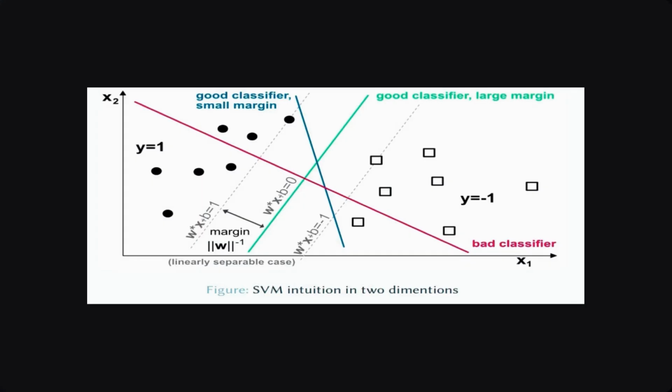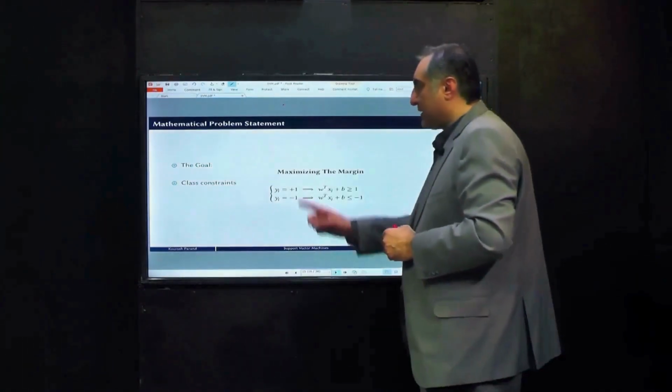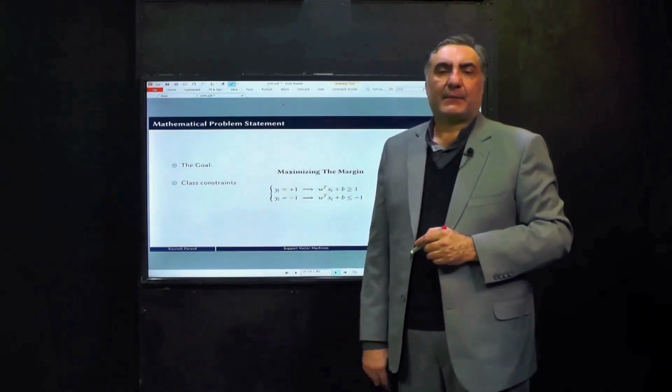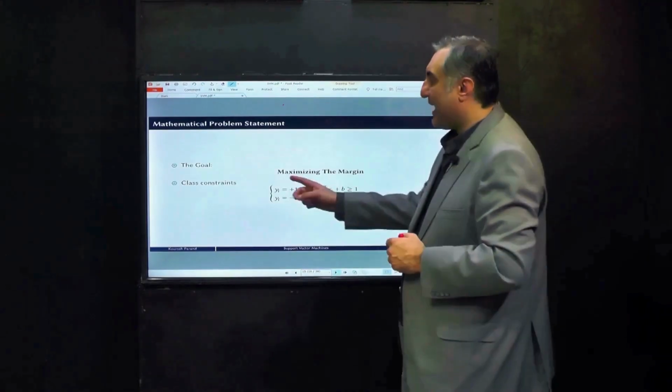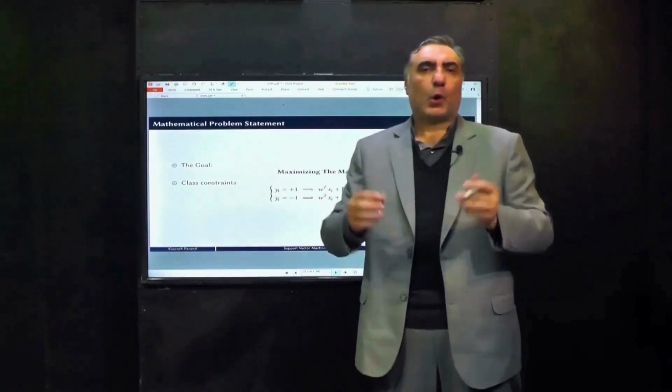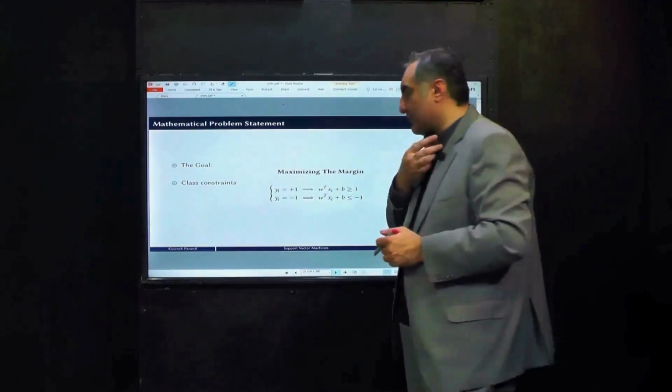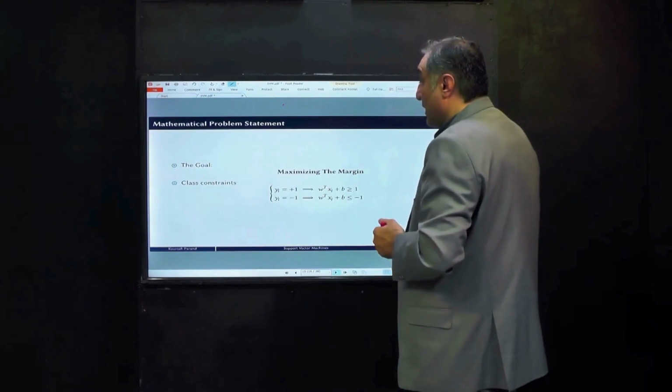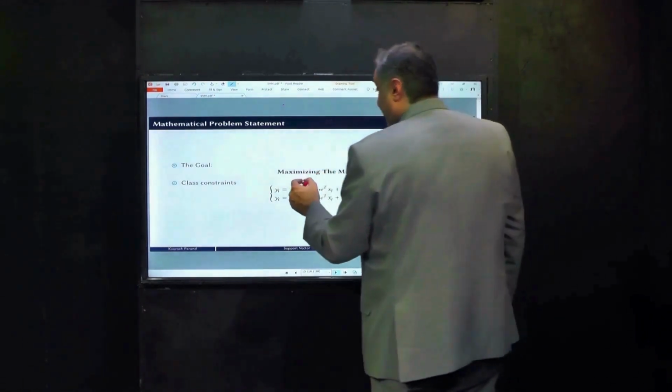What is our main goal to maximize? It's the margin. Let me say it again. Our main goal is to maximize the margin, which is the margin we've already explained in detail. So we had two labels, 1 and -1.